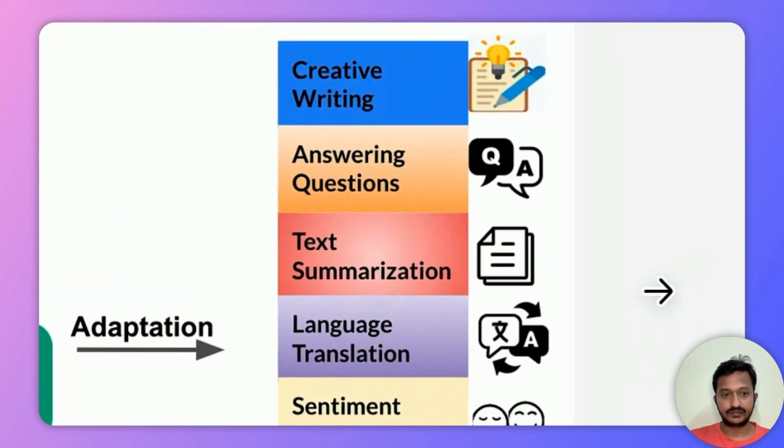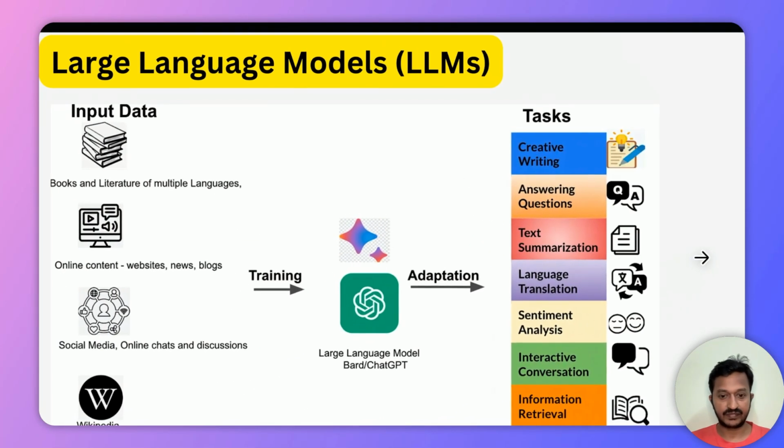And then these large language models, when they are trained, can adapt to doing any specific task. They can do creative writing, question answering, text summarization, language translation, sentiment analysis, interactive conversation, and information retrieval.